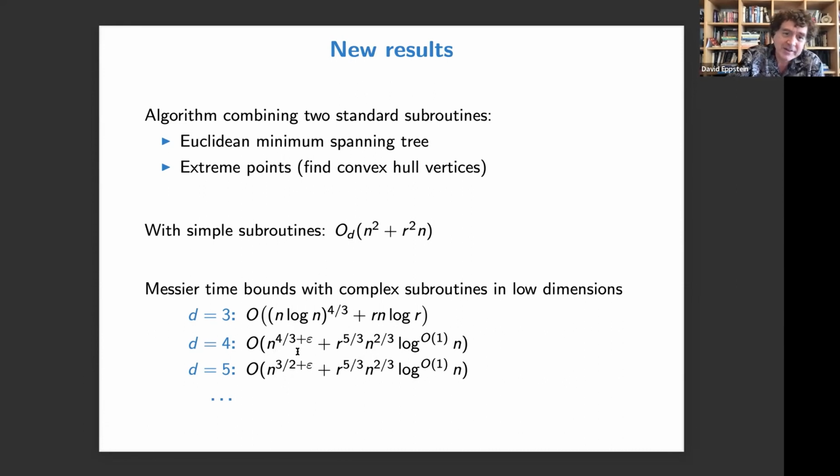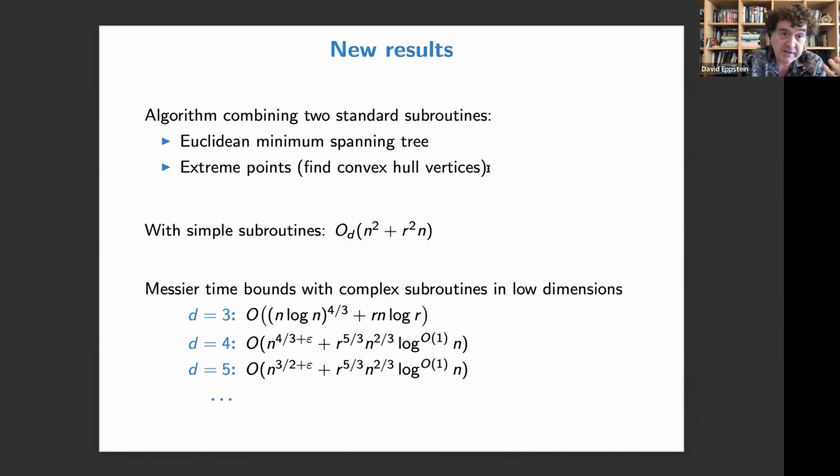And really what's going on with these time bounds, and I'll get into that in a minute in more detail, is the n squared, n log n to the 4/3, n to the 4/3, n to the 3/2. That part of the running time is how much time it takes to find a minimum spanning tree. And the part that depends on r involves finding the vertices of convex hulls of sets of points. So the extreme point problem.